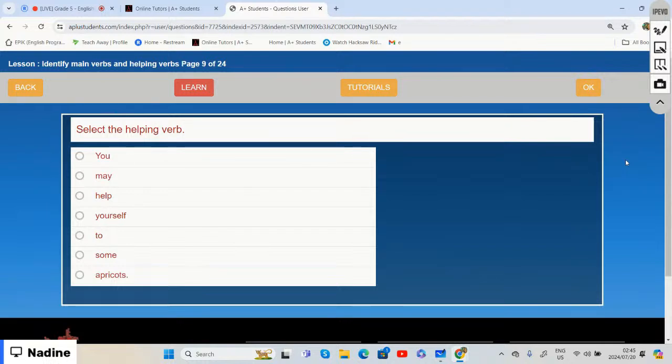It says you may help yourself to some apricots. We need to select the helping verb. You may help yourself to some apricots.